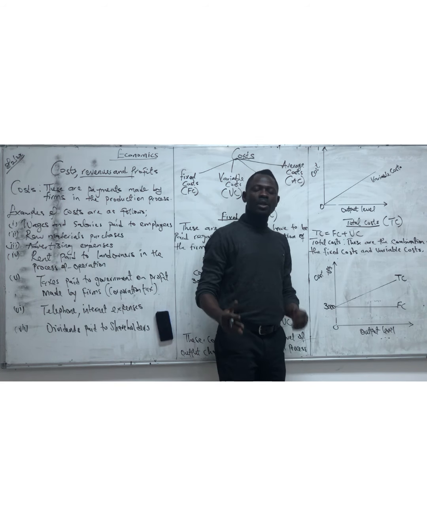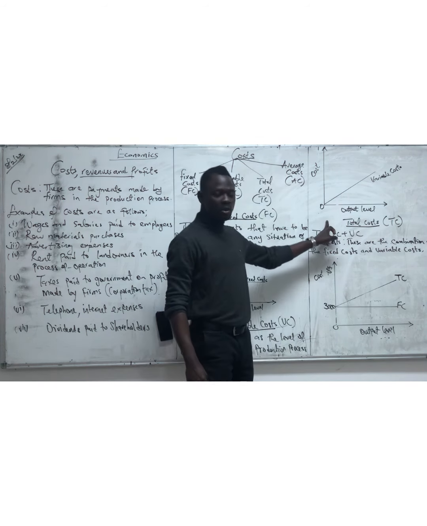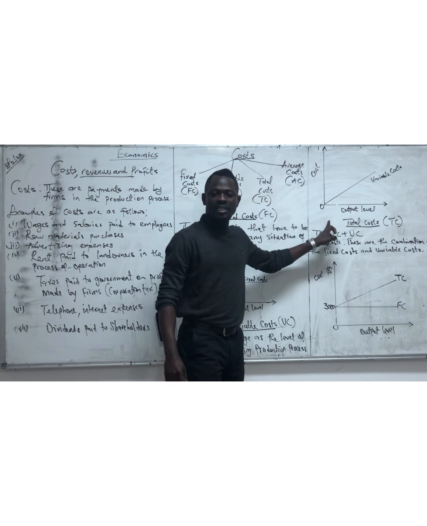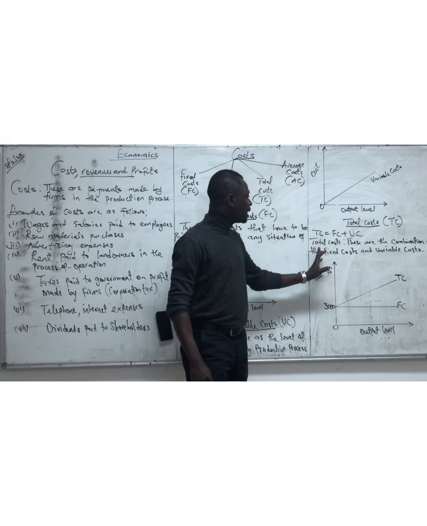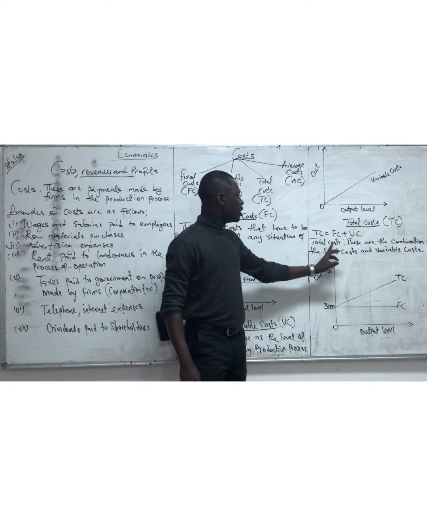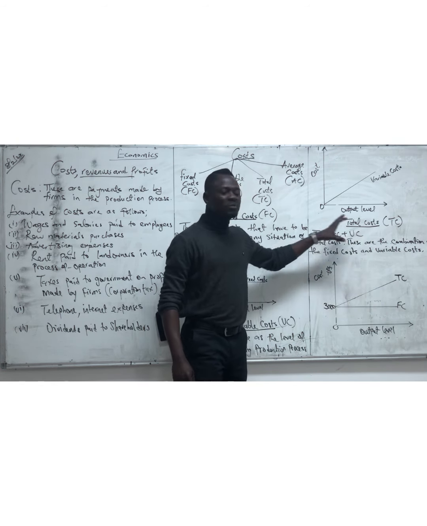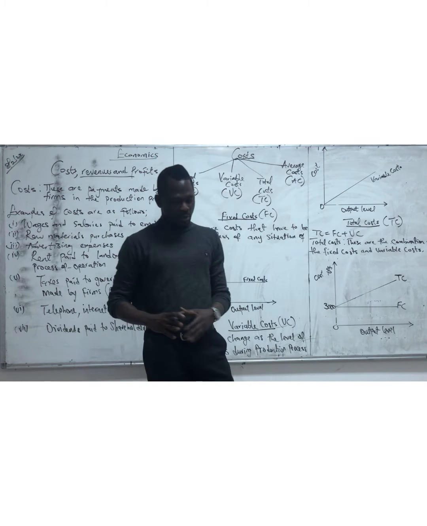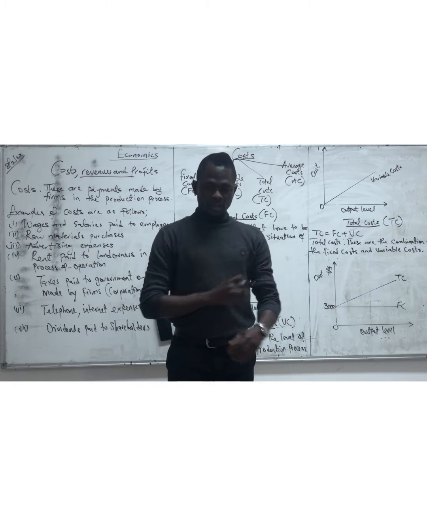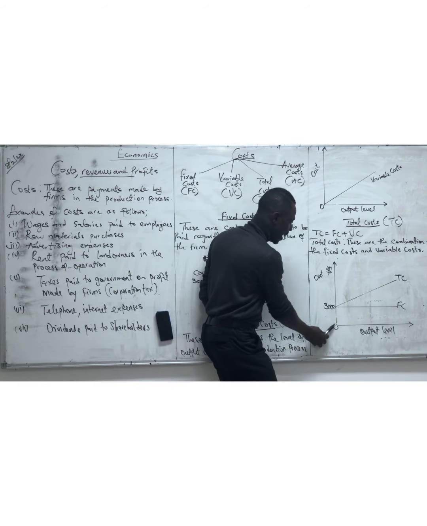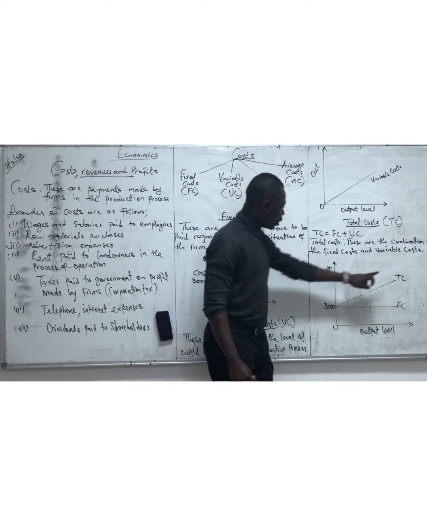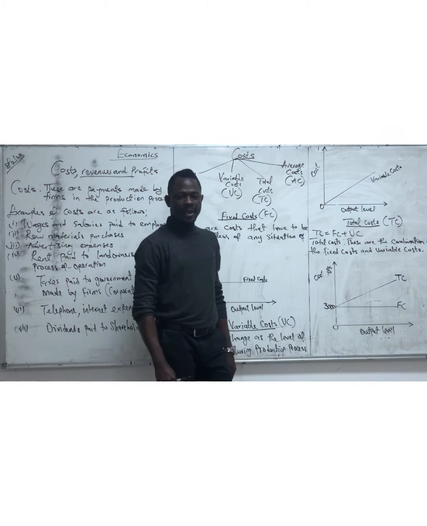And lastly, here we have the total cost, the TC. TC is FC plus VC. Your total cost is the combination of the fixed cost and the variable cost. So your fixed and variable cost gives you your total cost. Is it clear?